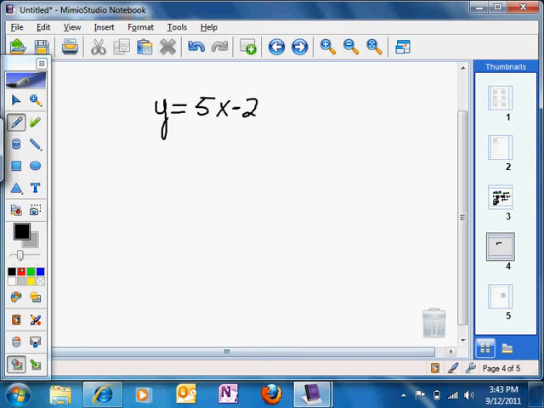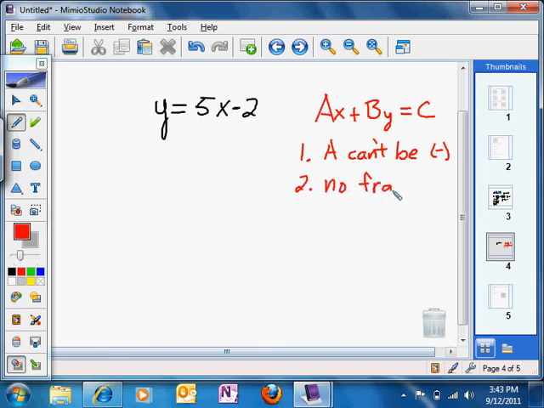Remember that standard form is ax plus by equals c. And your rules, number 1, a can't be negative. And number 2, no fractions, which we don't have any problems with, there's no fractions with what we're working with here.